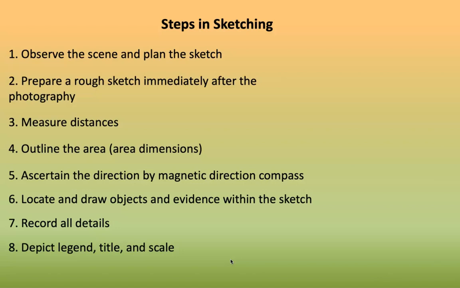If it is to scale, then we have to draw to scale or write it down on the sketch, but it is always advisable not to draw it to scale, okay, unless it is very much required. What you can do, you can simply mention the dimensions over there on the paper, that how far this was or what was the distance of this evidence to the other evidence, okay. We can mention the dimension over there.